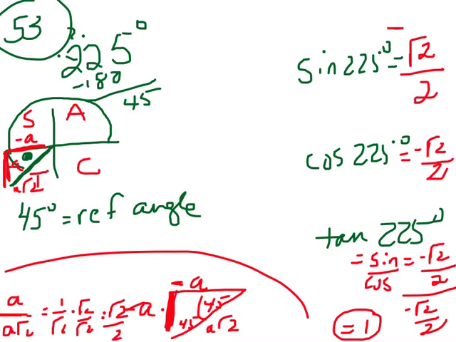I want to do one that also has radians in it, just because that's the thing that most people have the hardest time with. So let's look at 61 next. Let me get to a different color other than red. All right, 61 is 11 pi over 4.